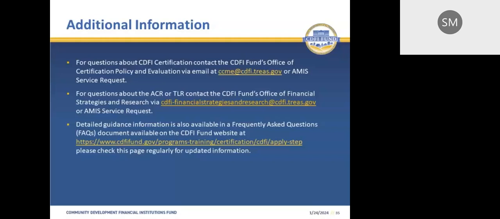To apply for your certification application, I don't know if this is someone who's their first time or they're currently certified and doing a reapplication, the target market activity that you submit your application with will be based on the activity of your most recently completed fiscal year. If you do not meet the target market activity requirements, you will not be able to proceed in AMIS and actually submit your application.